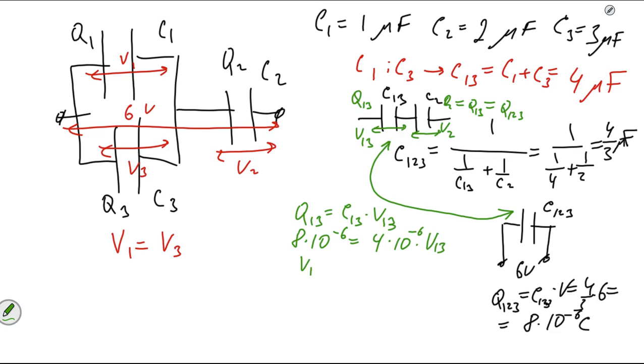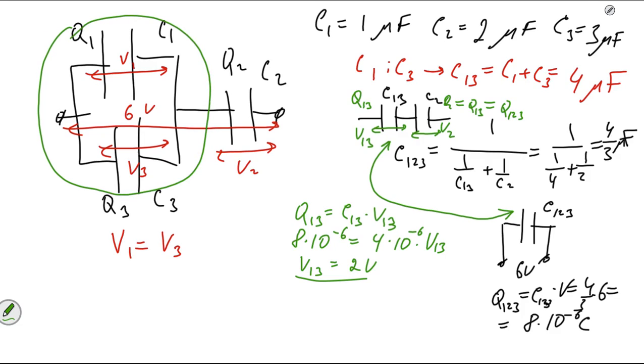So voltage 13 equals 2 volts. But as we know, the voltage across 13 is the same voltage as supposed to be for capacitor 1 and capacitor 3. So this is V13, so it's 2 volts. And this voltage is supposed to be now 6 minus 2, 4 volts.